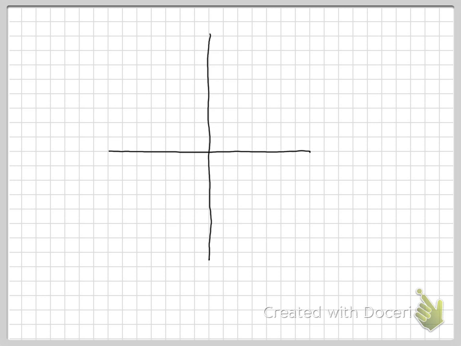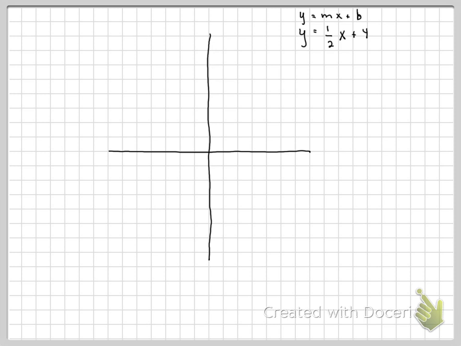We've done this all along, graphing from slope-intercept form. Graph y equals 1/2 x plus 4. This is y equals mx plus b, so 1/2 is your m and your y-intercept is 4.